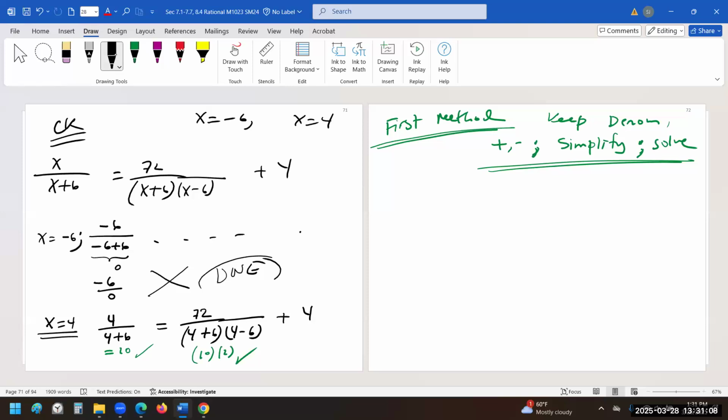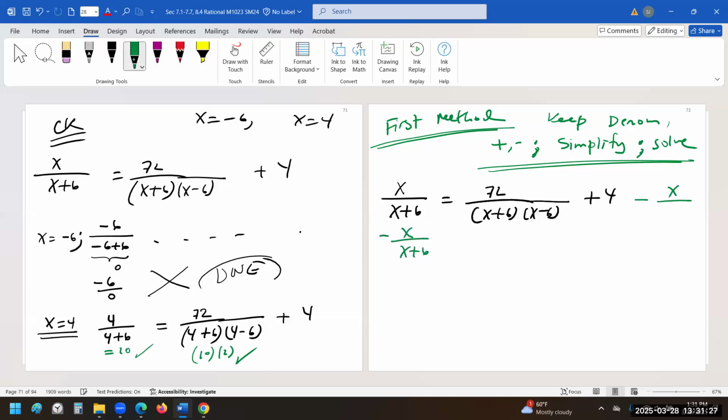What I'm doing, I need my question. x over x plus 6 equals 72 over (x plus 6)(x minus 6) plus 4, right? This is the beginning. So I want to bring everything to one side. That means we're going to subtract x over x plus 6 from both sides. They cancel out.